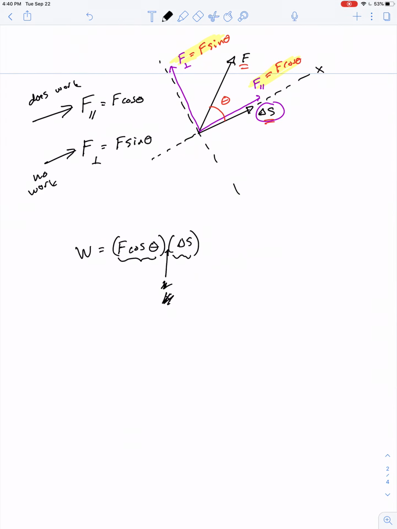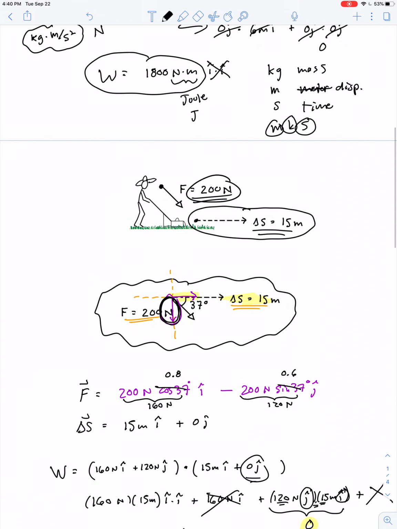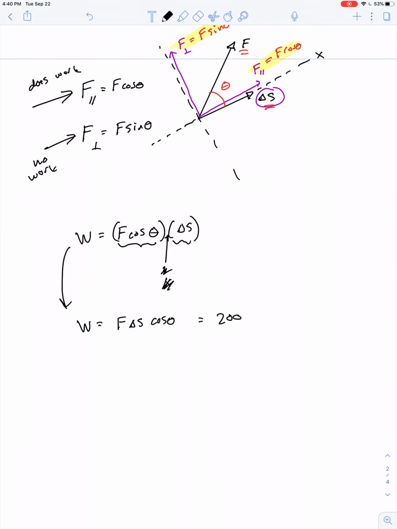Let's just see what we would get if we use the formula in this case. And by the way, we can simplify this to work equals F delta S cosine theta. So in this case, the force was 200 newtons. The displacement is 15 meters. 200 newtons times 15 meters times the cosine of 37 degrees.